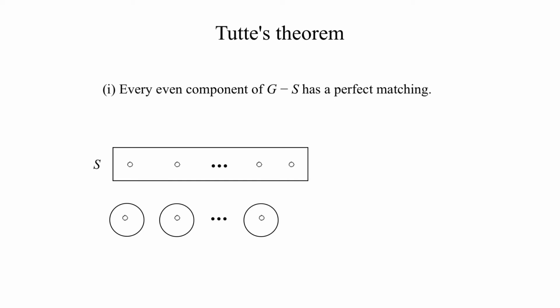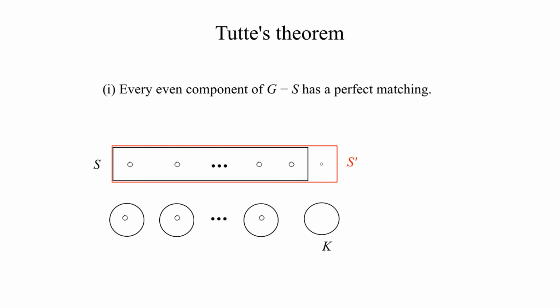We first show that every even component of G minus S has a perfect matching. Suppose that K is an even component of G minus S, with no perfect matching. Let V be any vertex in K. Let S' denote the set S plus V. Then, every odd component of G minus S is also an odd component of G minus S'.